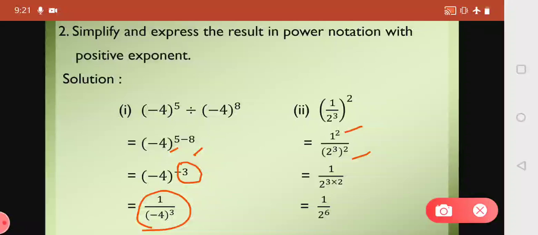Again, power raised to power, that is a raised to m whole raised to n, so we have to multiply the powers. We will get equal to 1 upon 2 raised to 3 into 2, so we will multiply the powers in the denominator, and get equal to 1 upon 2 raised to 6.